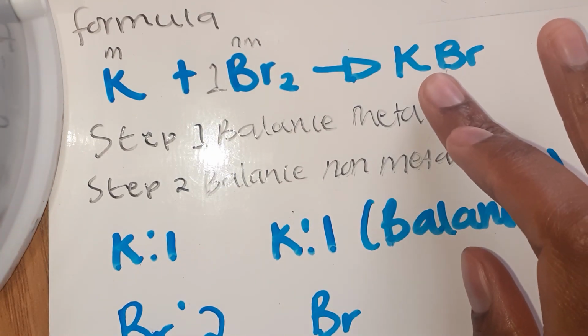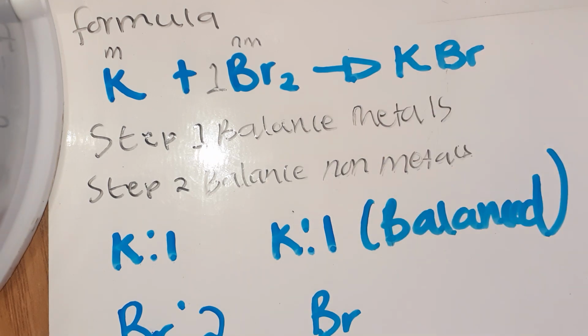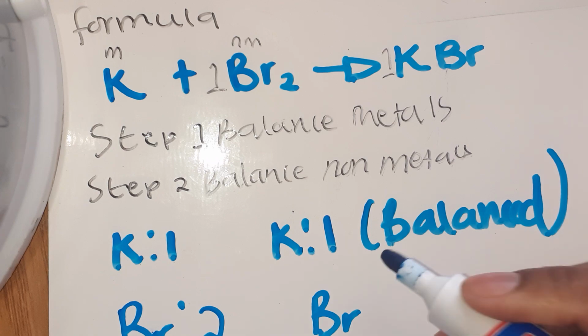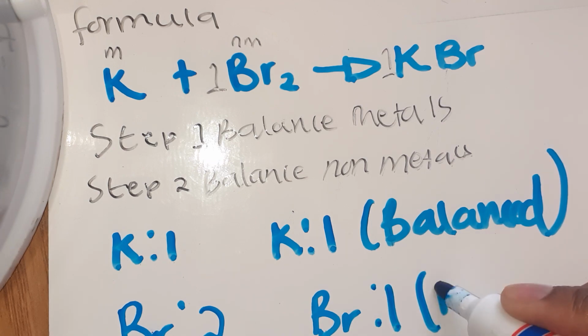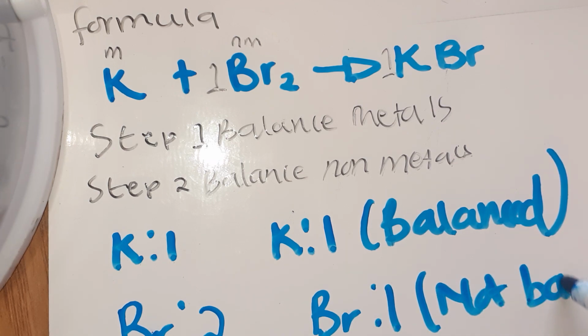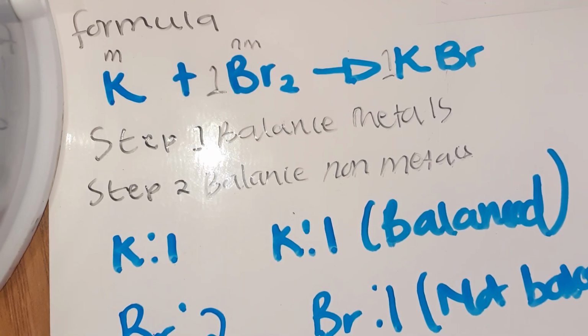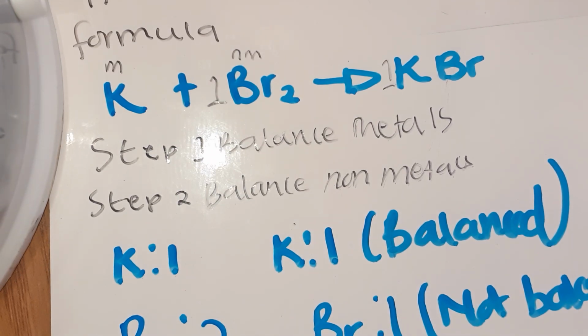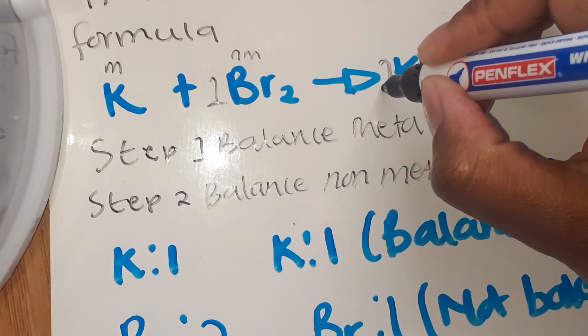And then this side, the coefficient here is 1. It's not going to work because this side now is going to be 1. This is not balanced. They have to be the same. So what we can do is add 2 here in this equation.